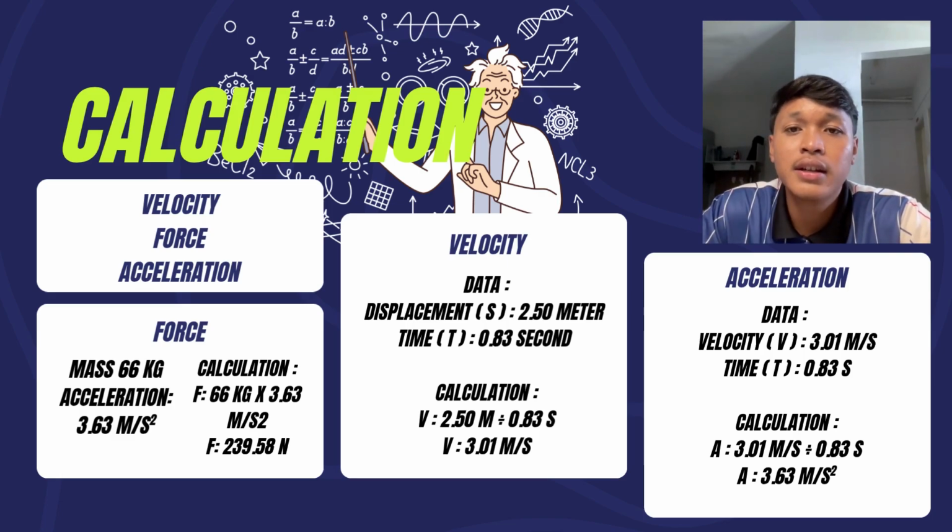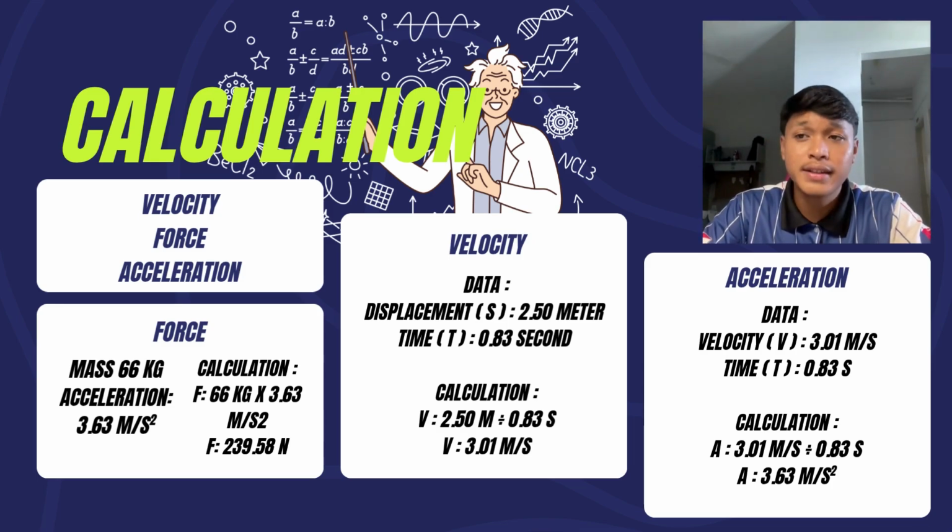So, we get 239.58 Newton. For the explanation, this means if an object has a mass of 60 kg and acceleration at 3.63 meter per second squared, the force applied is 239.58 Newton.